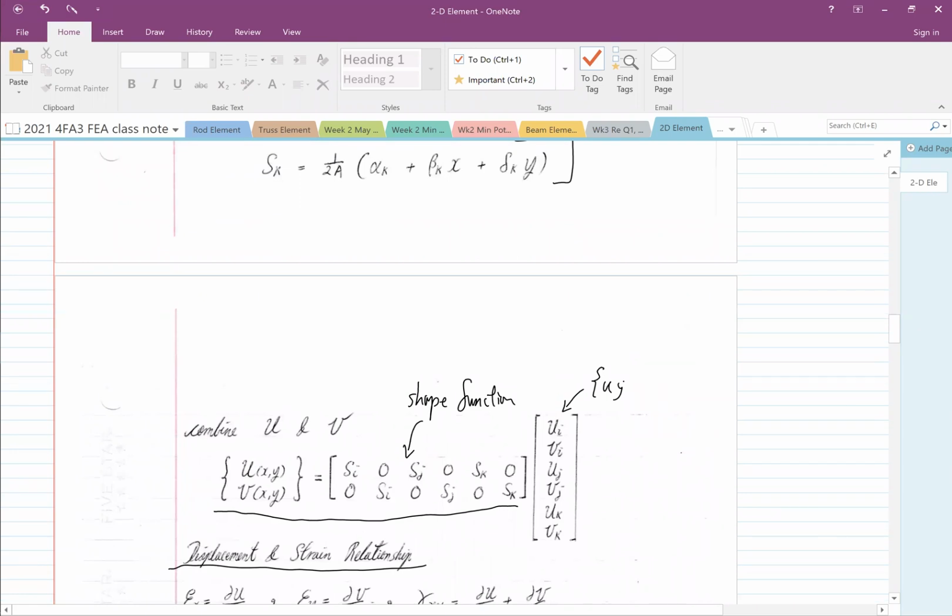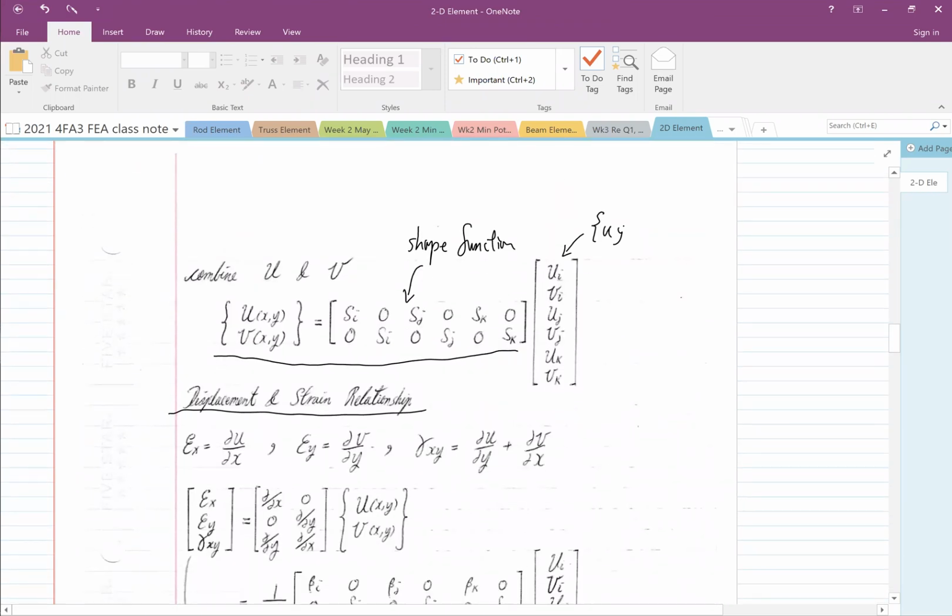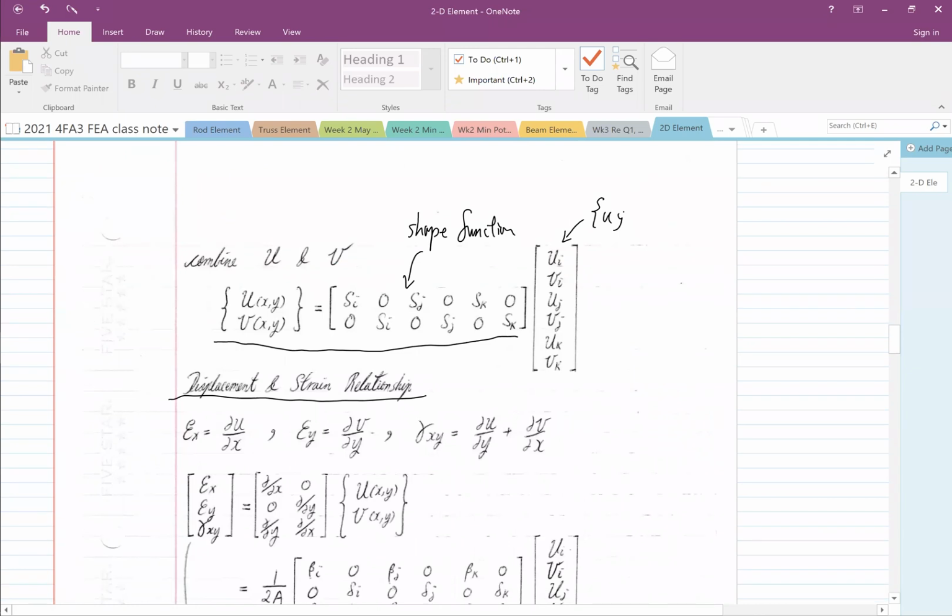With that shape function, what's the next step? We need a displacement and strain relationship. Okay, watch out: what we did previously is all in one dimension. The spring element moves only in the X direction. If I put the spring element vertically, it only goes up and down. The truss element you can do along X and Y, along the truss.